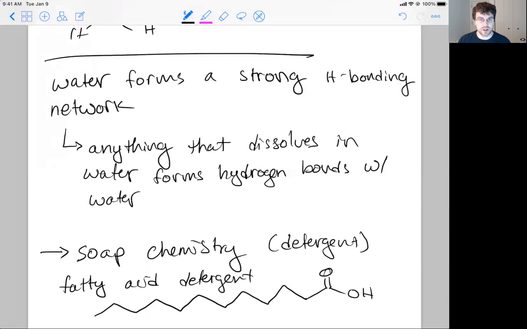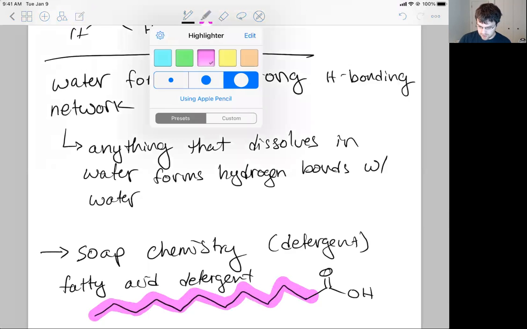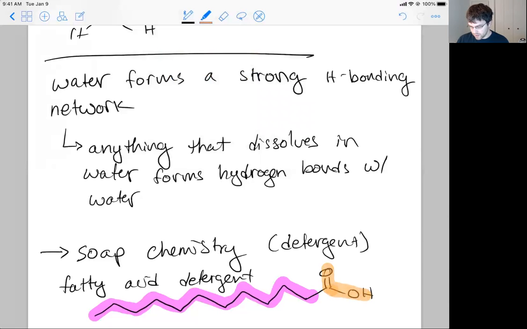They have this general structure. Don't worry about the length of the hydrocarbon chain here. Just draw a really long zigzag that ends with a carboxylic acid. The carboxylic acid is a functional group where a carbon is simultaneously double bonded to an oxygen and single bonded to an OH group. Okay, so this is a fatty acid detergent.